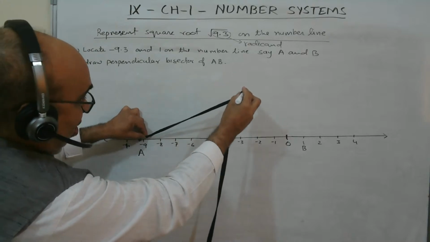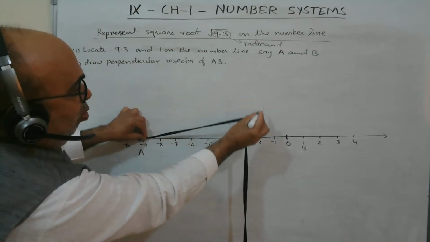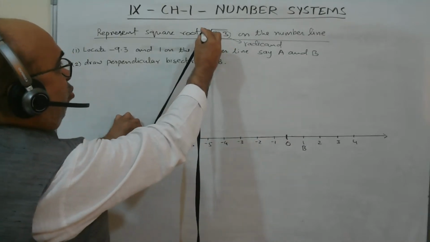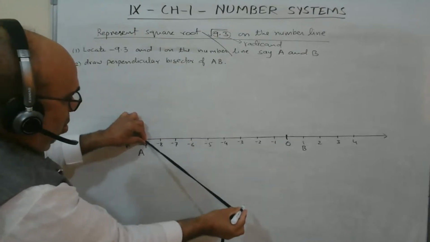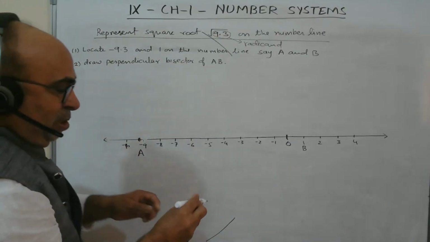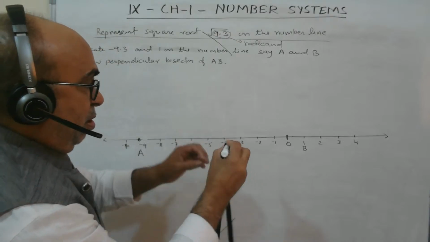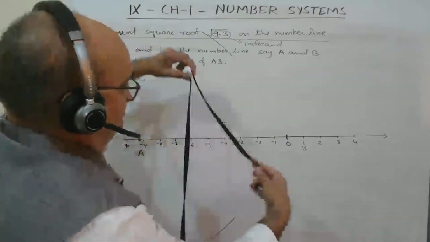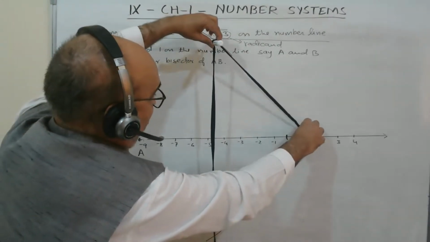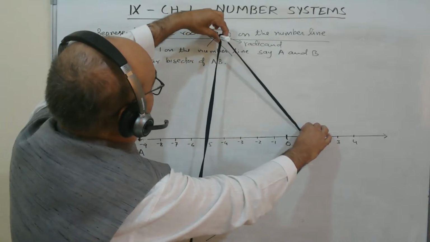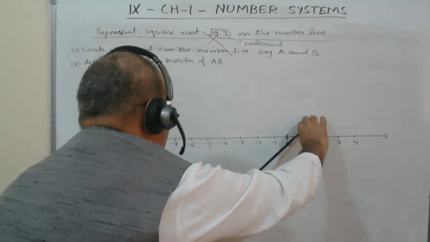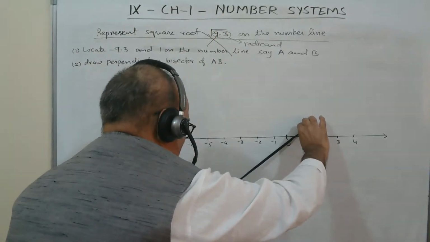I hope this radius is more than half of AB. One arc here, and one arc here. Same thing you have to repeat from B. One arc here and one arc here.